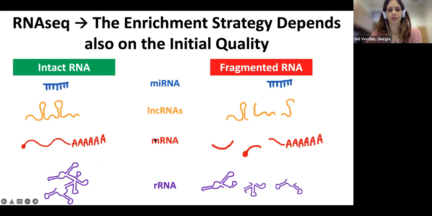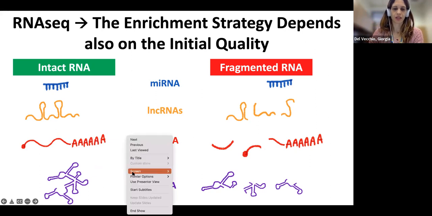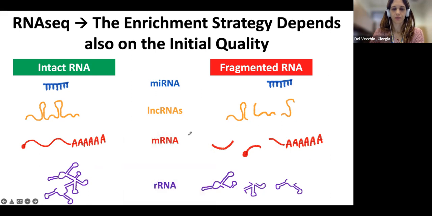So let's take a look at the messenger RNA here. You have your poly A and the whole molecule attached to it. If you have fragmented RNA, now you have a poly A and just a short fragment attached to it. So you will probably lose the information about the whole molecule, okay?